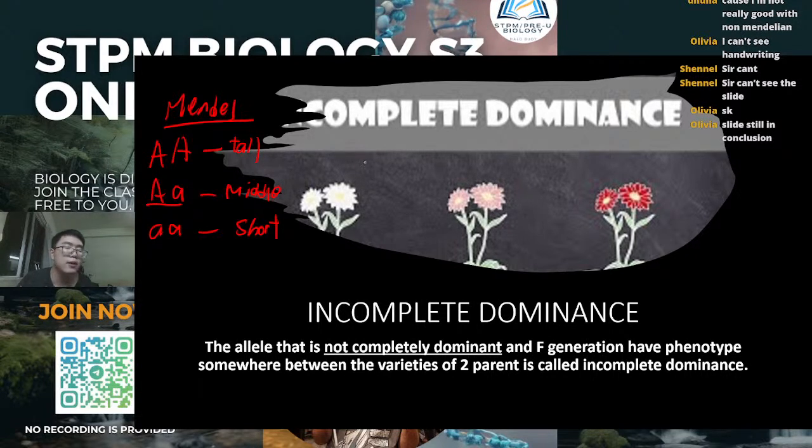This is what Mendel says. But non-Mendelian in real situations says that not all organisms follow that. Sometimes there is a middle one, somewhere between the varieties.